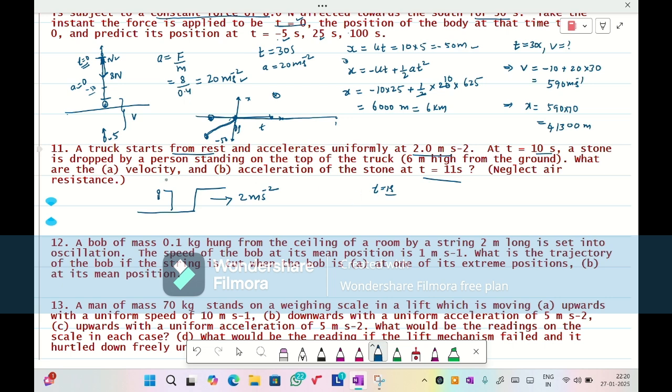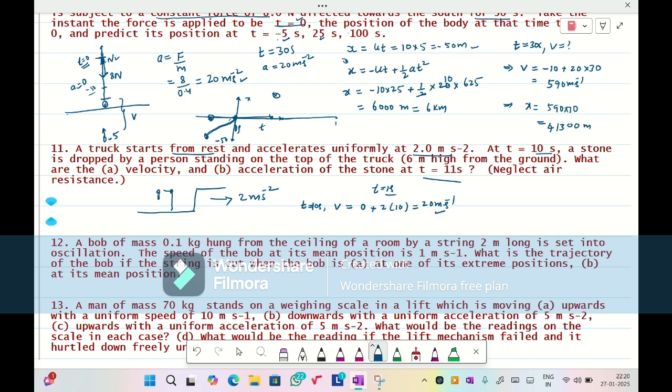First of all, at t equal to 10 seconds, a stone is dropped. So at t equal to 10 seconds, what is the velocity of this truck? We have to find out. At t equal to 10 seconds, velocity of the truck, constant acceleration is given, therefore initially 0 plus 2 into 10, that equals 20 meters second inverse. So truck velocity is equal to 20 meters second inverse.